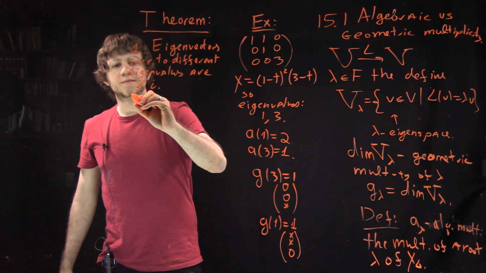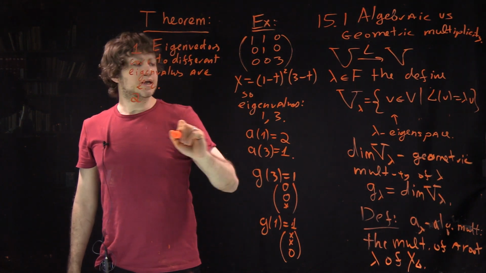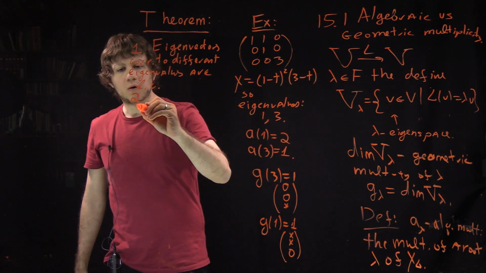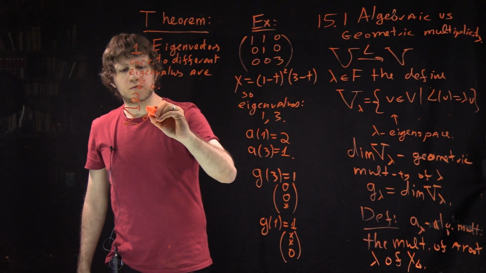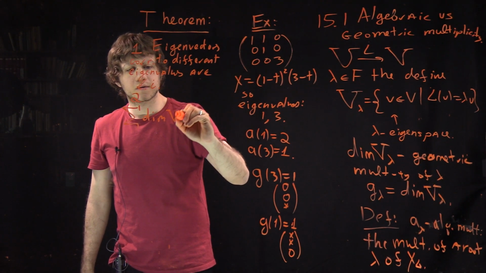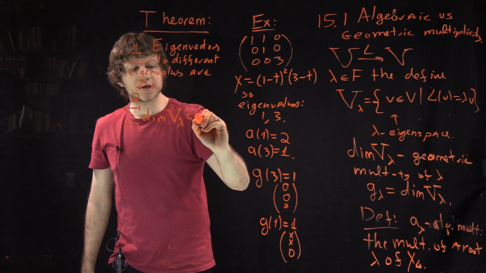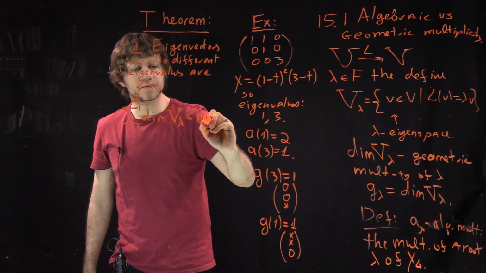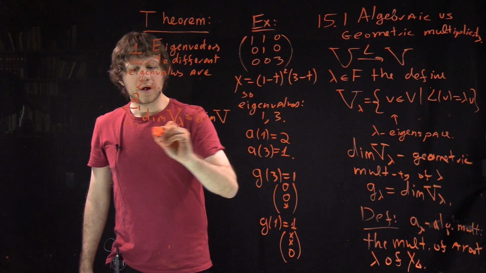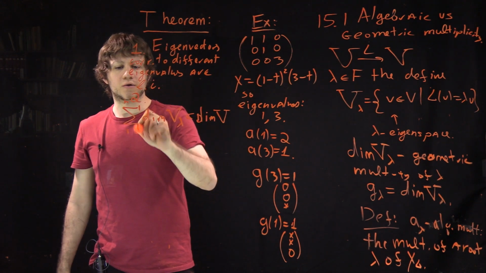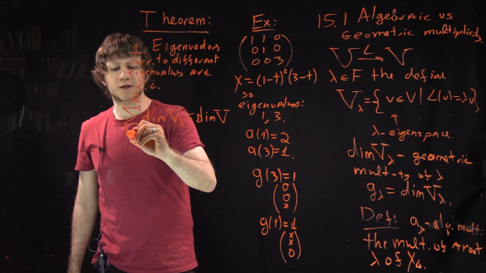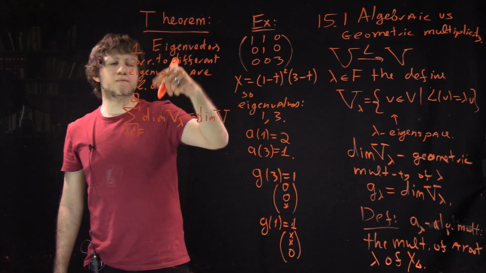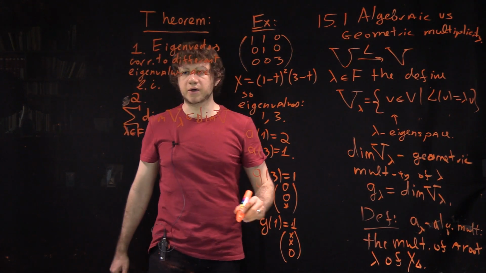The second statement is just a corollary: if you sum up the dimensions of all these V lambda, where the sum goes over all lambda in F, then this number is less than or equal to the dimension of V. This is just a corollary of 1, and we will see it very simply.